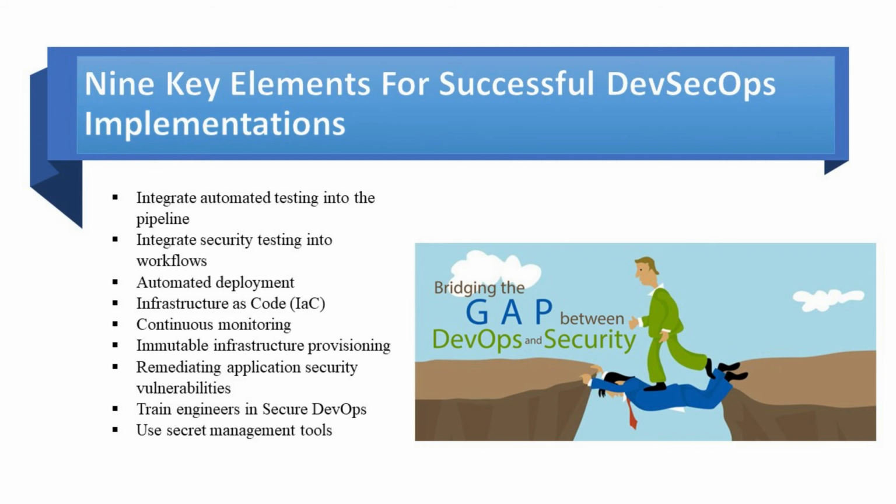And the next best practice is immutable infrastructure provisioning. Immutable infrastructure, like containers, are servers that you don't modify after deployment, as opposed to traditional mutable infrastructure in which you continuously modify servers.